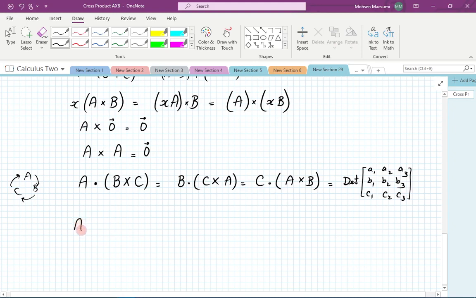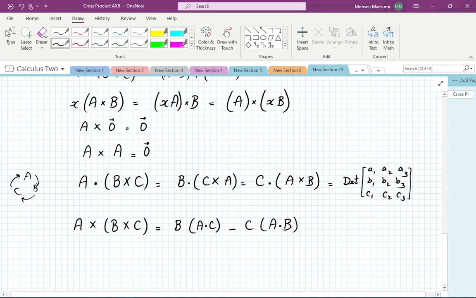If I have A cross B cross C, something that we had in the context of figuring out properties of a curve when we're talking about the radius of curvature and so on and such. This turns out to be B times A dot C minus C times A dot B.